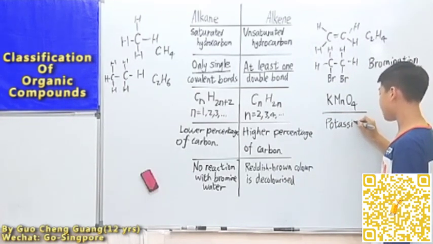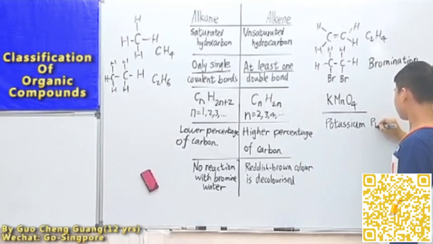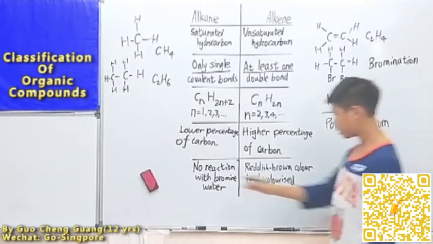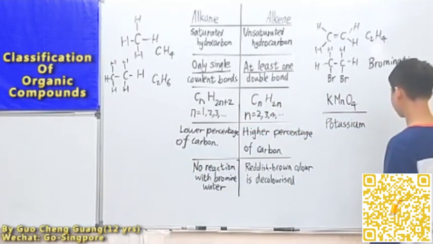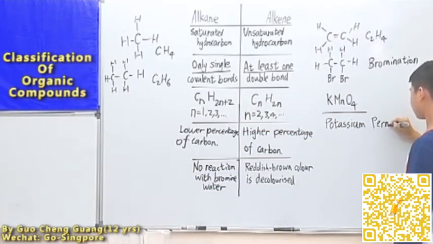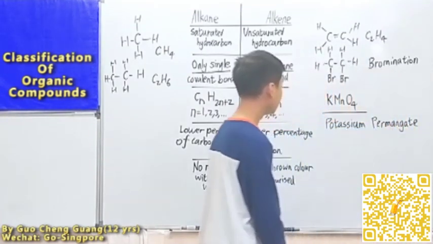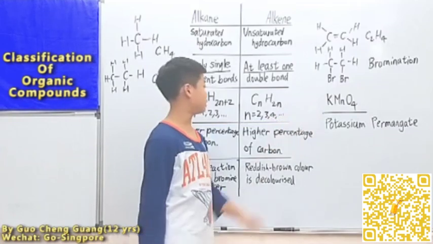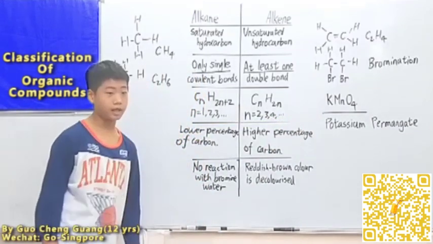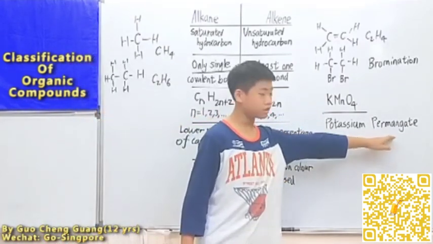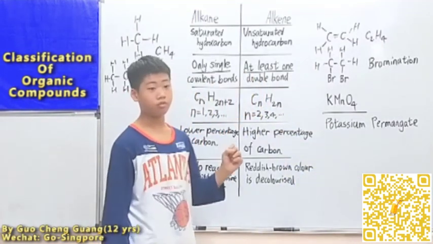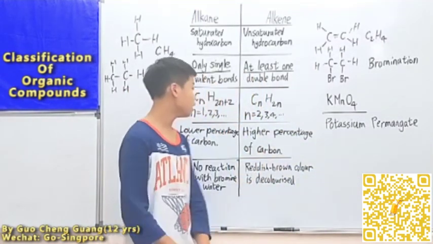You say it as potassium permanganate. That is the name of this compound, and it has a purple coloration.